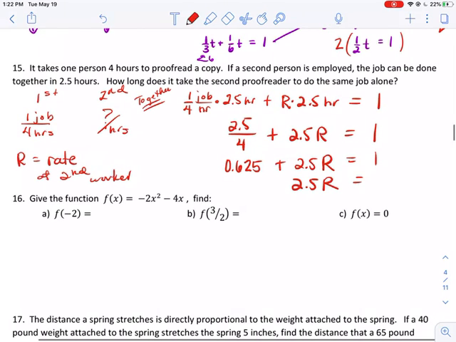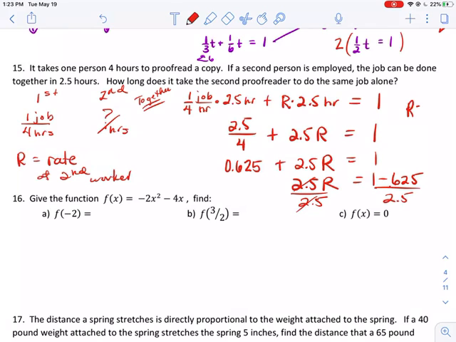So then I have 2.5R is equal to 1 minus 0.625. And then I just have to divide by 2.5. And so if I do that, the 2.5's cancel, and we get 1 minus 0.625, and then we're going to take that and divide it by 2.5.